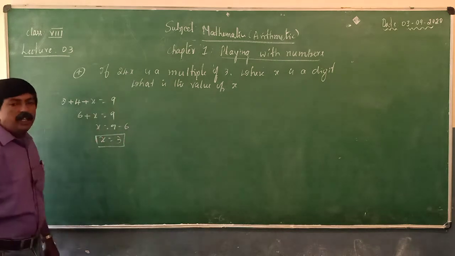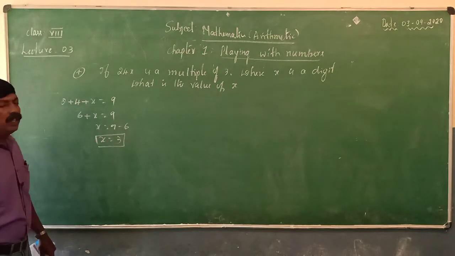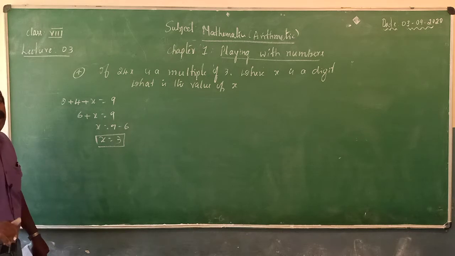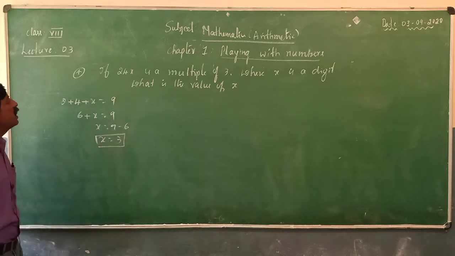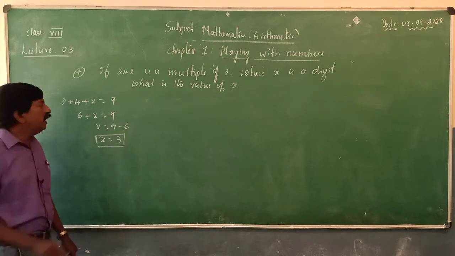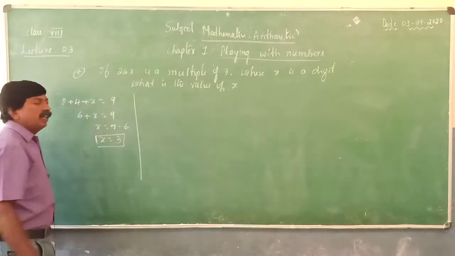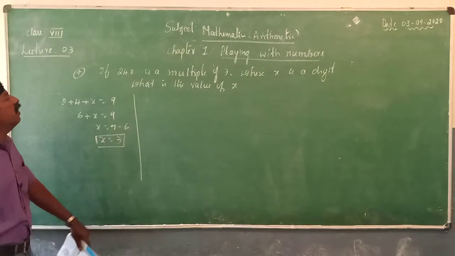So 243. 3 8s are 24, 3 1s are 3. It will divide exactly 243. So now you can consider the next value.